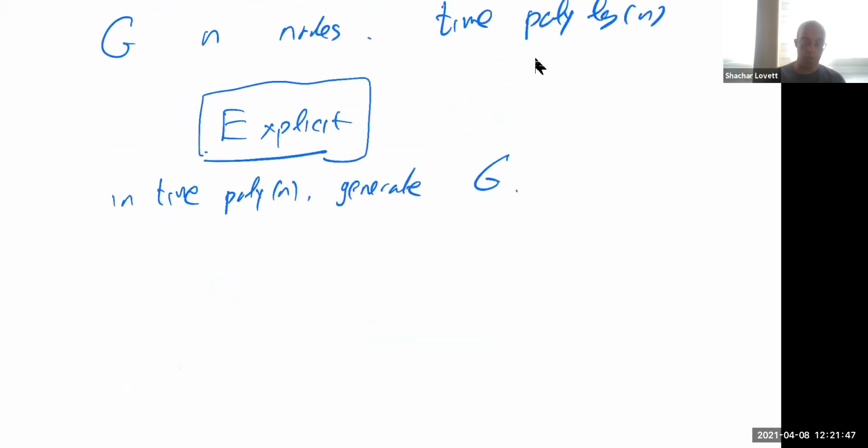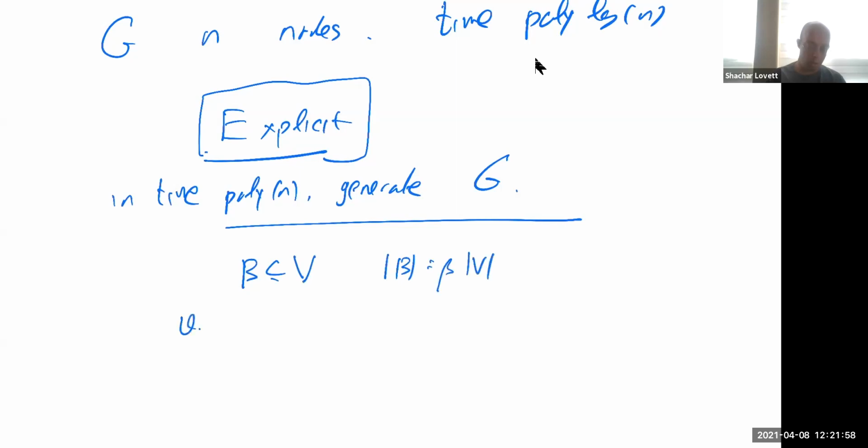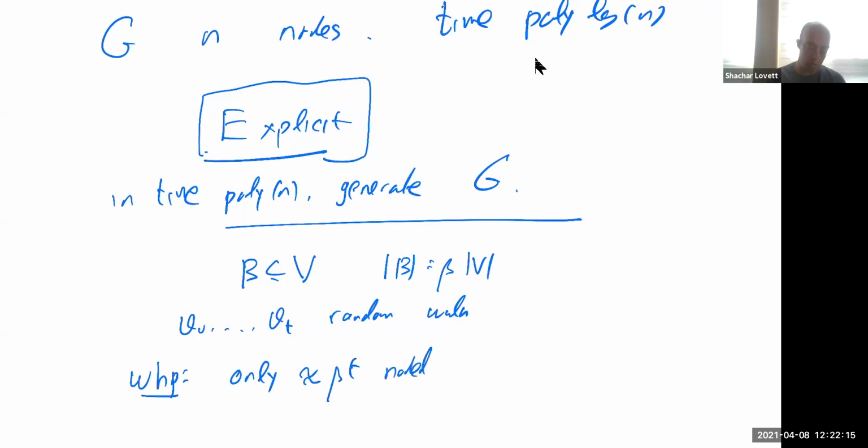Or more concretely, if B is a set of nodes of density beta, and I take a random walk, then with high probability, roughly beta T nodes in the random walk land in B, right?